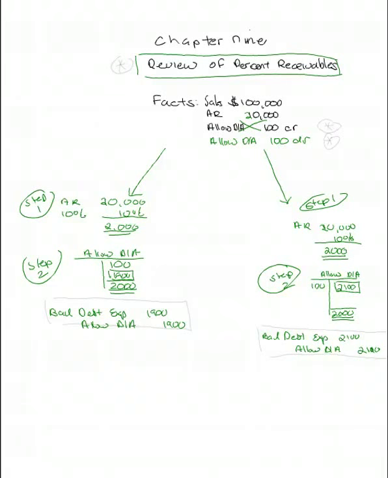So this wasn't really a different step I was showing you. What I was showing you was specifically how to calculate if the balance in the allowance account at the end of the period before the adjusting entry is a credit or a debit. It's impossible to say what it will be. You'll set the estimate up at the end of one period, you'll write things off, and you'll end up with a balance.